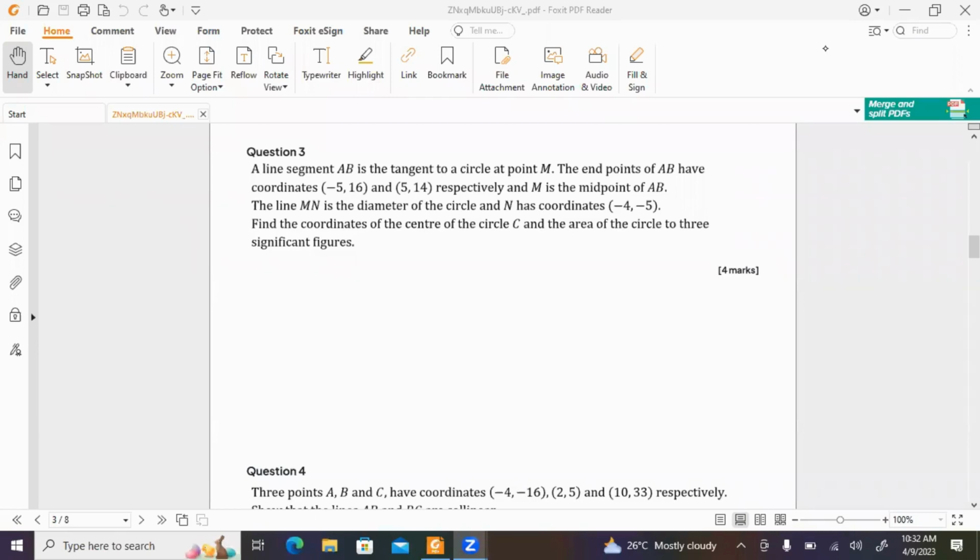So what we're going to do is begin with point A. Let's find the coordinates of M first. We know that M is the midpoint of line AB, and we have the coordinates of A and B. So I'm going to do (-5 + 5) over 2, (16 + 14) over 2.